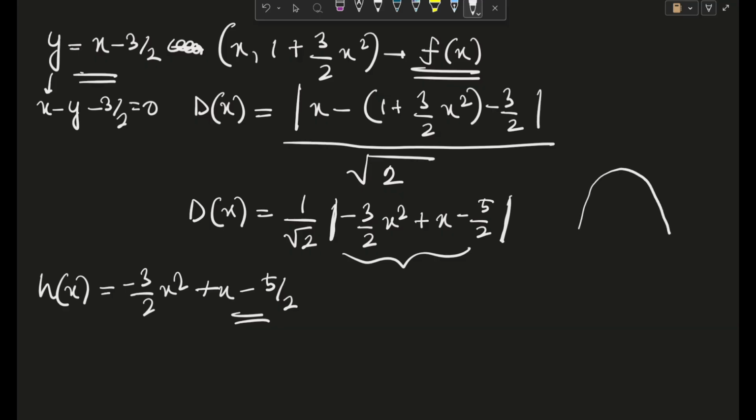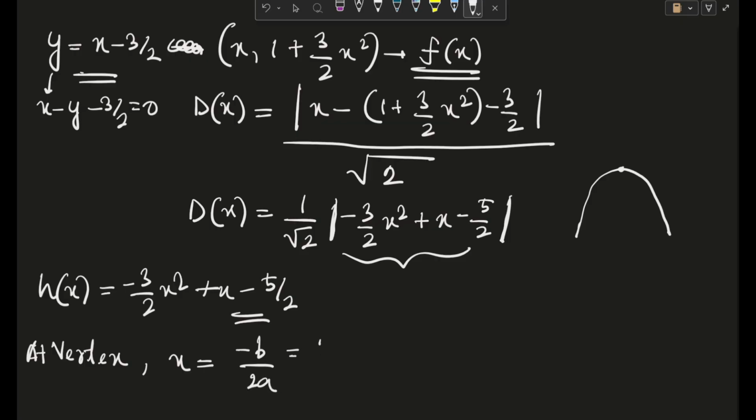It is upside down because a is negative. To minimize d of x, we have to calculate the abscissa of the vertex. I hope that is clear. We don't need the entire vertex, we can only find the abscissa. At the vertex, x, which is the abscissa, will be equal to minus b by 2a.